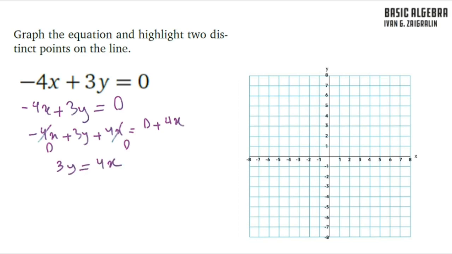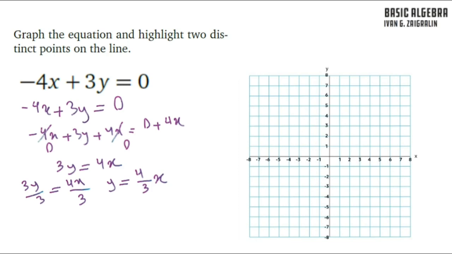In the next stage we divide each side by 3, and 3y over 3 equals 4x over 3, and y equals 4 over 3x.